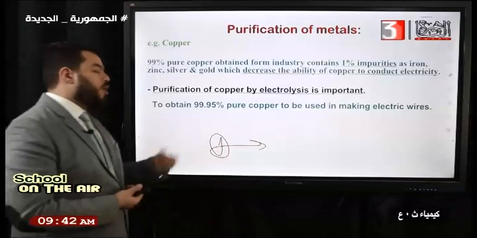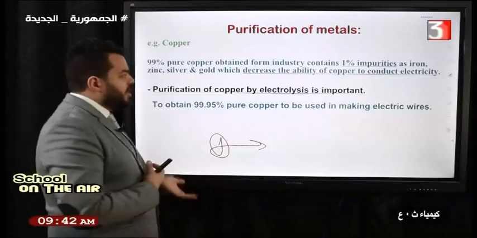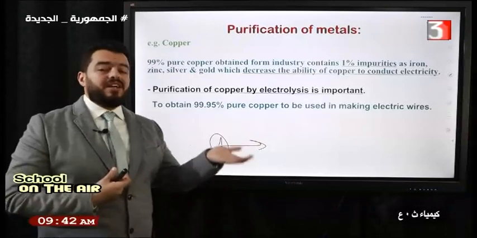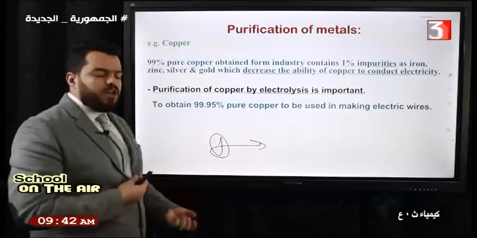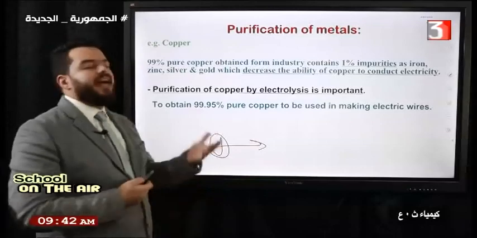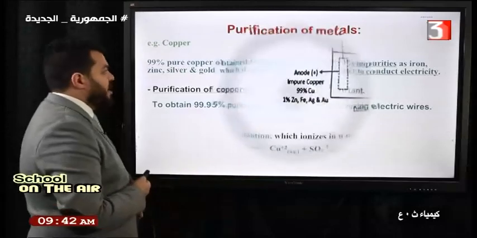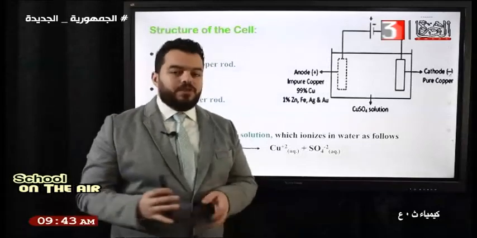So we are going to separate this 1% of impurities to increase its ability to conduct electricity and to make use of the higher value metals like silver and gold. Okay, how could we purify the copper from its impurities?